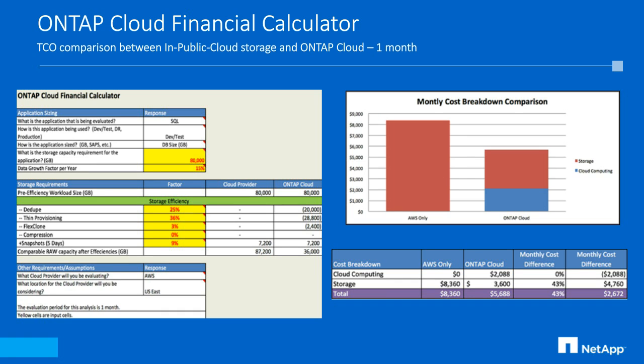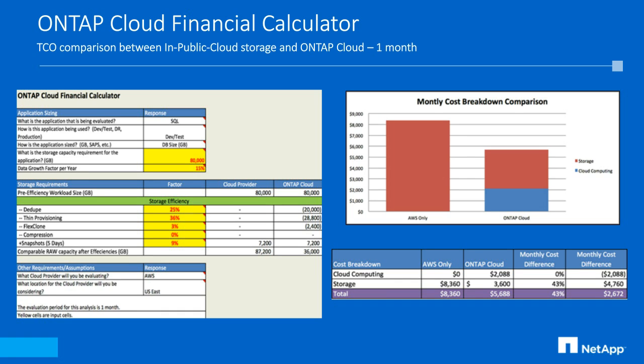And with this cost comparison, I did it for a monthly consumption because you typically consume resources for storage in AWS on a monthly basis. So based on a monthly calculation, this would be, again, a cost savings from the NetApp efficiencies for an OnTap Cloud system, even though we are also subject to some compute charges.